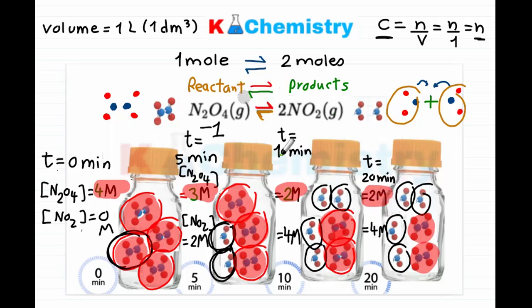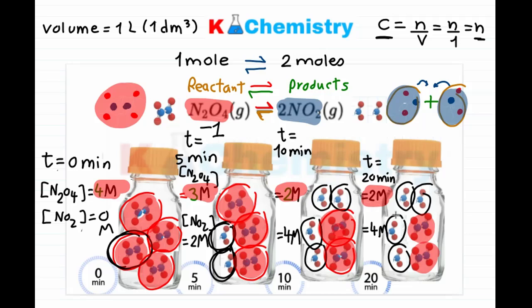Because the speed of the breaking down of N₂O₄ into NO2 is equal to the speed by which the NO2 moles join together to form the N₂O₄ molecule. That's why the concentration becomes fixed, both of them, and does not change.